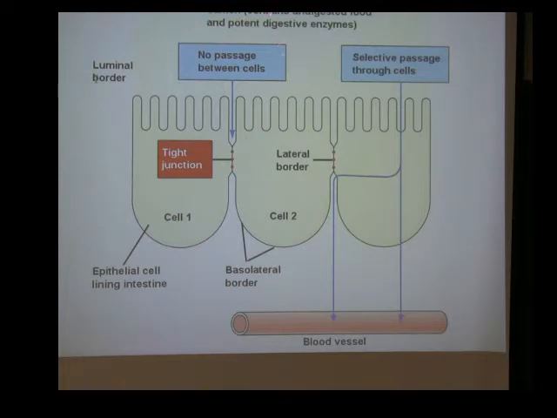And the simple question, would you want this to get into the bloodstream? No, not in that form. So we have tight junctions between the cells, which is going to limit what materials can get through, if any, through those tight junctions. Bacteria, no. Many of the harmful chemicals, no. How are we going to get the good stuff in? Well, the epithelial cells have these special structures, called microvilli.